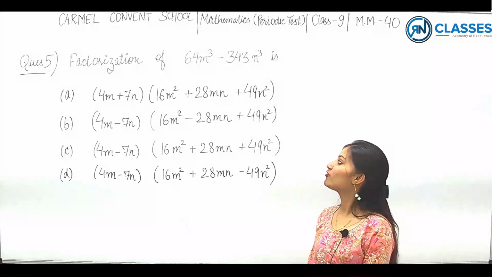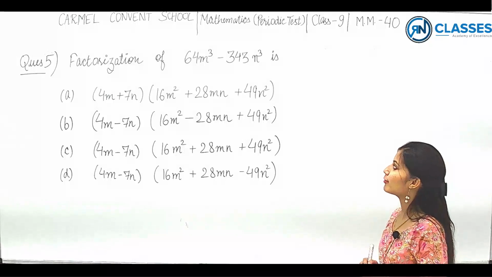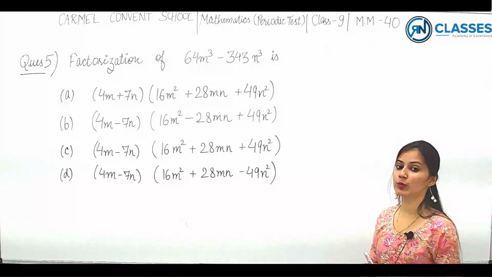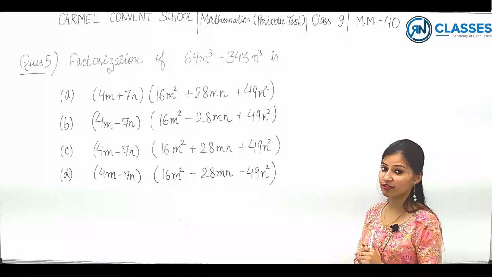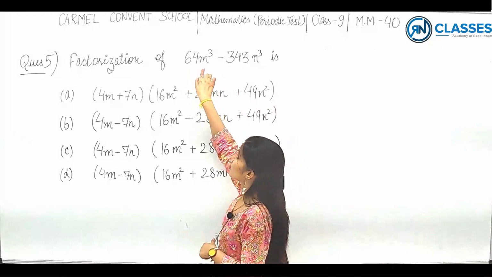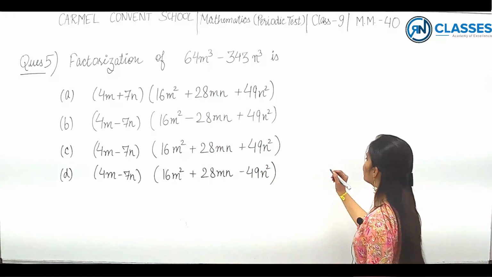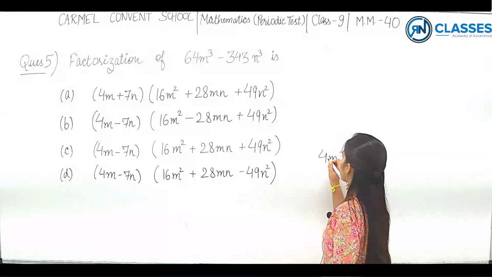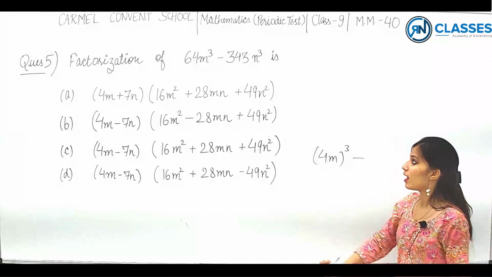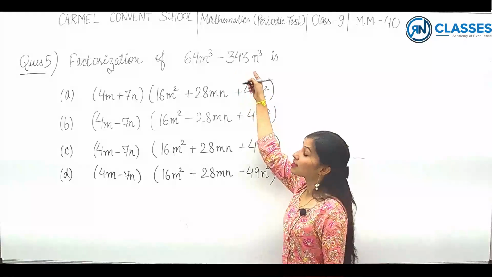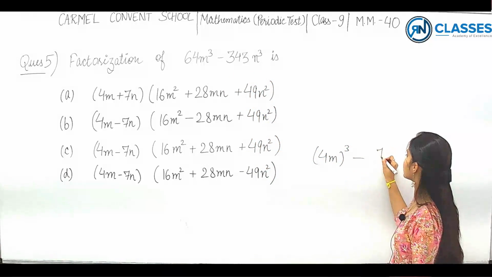Question number 5. Factorization of 64 n cube minus 343 n cube is. If we observe carefully, this is actually 4n whole cube. Right? And this is 7n whole cube.